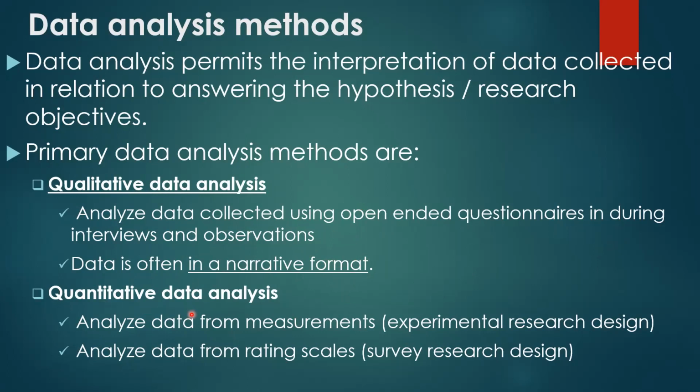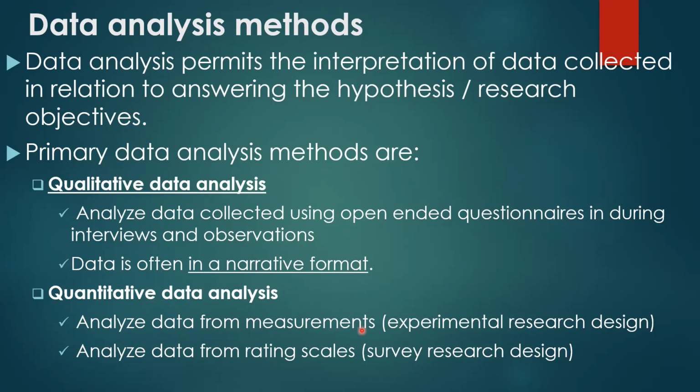Then the other type of data analysis is the quantitative. Quantitative simply means that we are going to be dealing with numbers. Our data set will be in the form of numbers, and we analyze data from measurements.